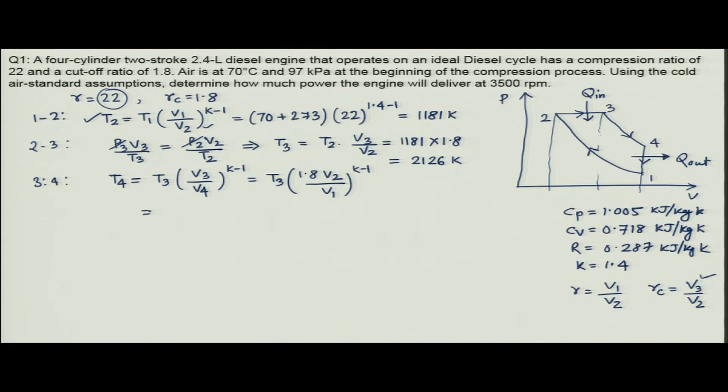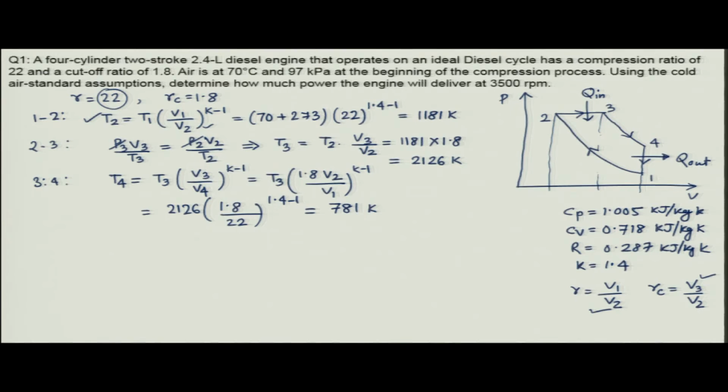So, I can write 2126 multiplied by 1.8 times V2 upon V1, and V2 upon V1 is 1 over R, that is the compression ratio, so 22. So, finally, we can get T4 as 781 Kelvin.